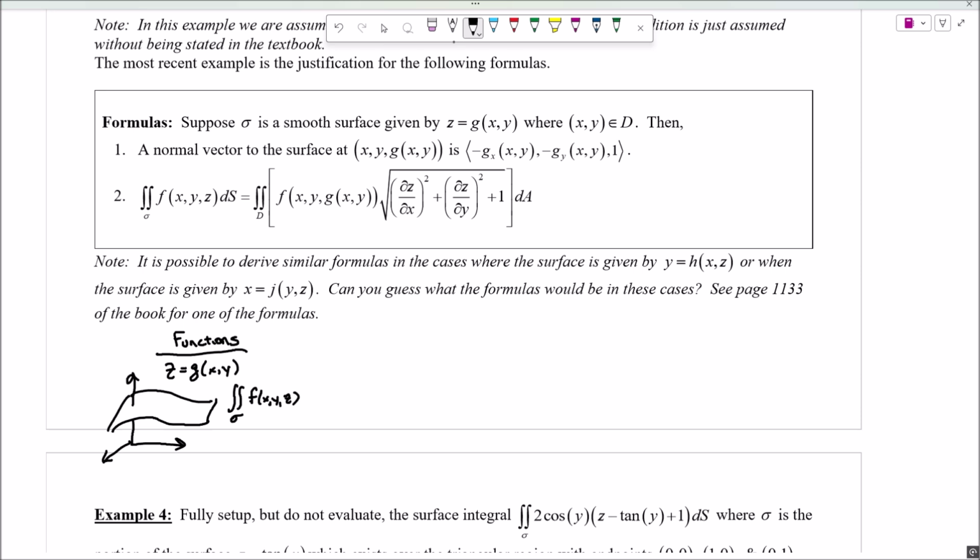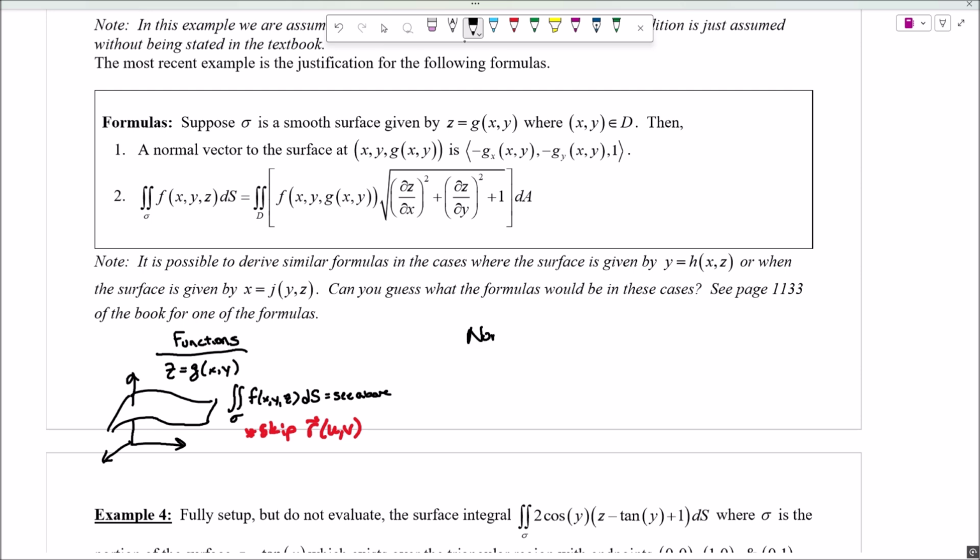And I can completely skip my parameterization. Essentially, again, the bonus here is that I can skip finding this R of uv.